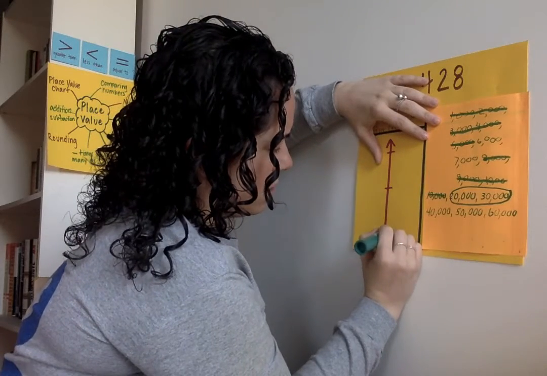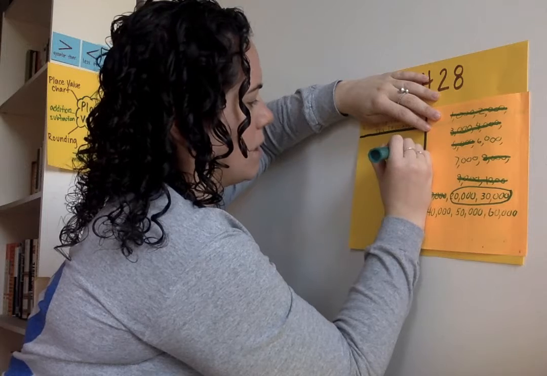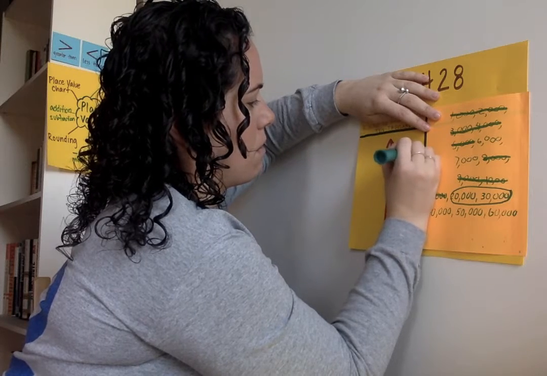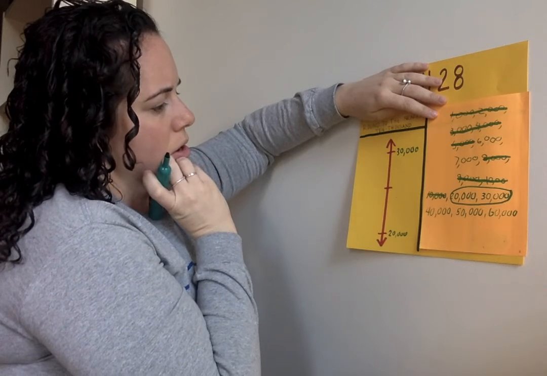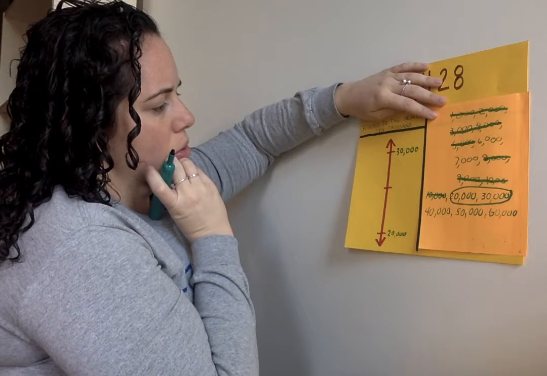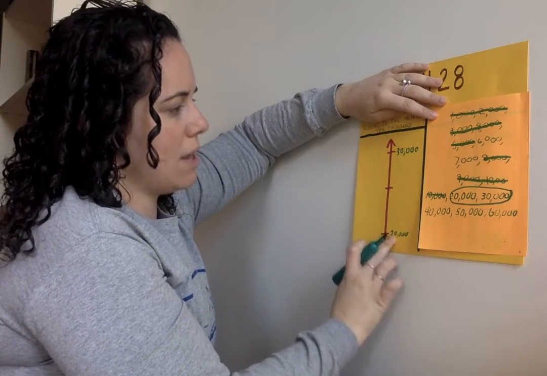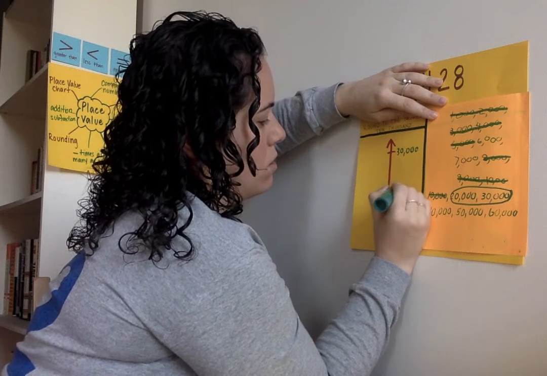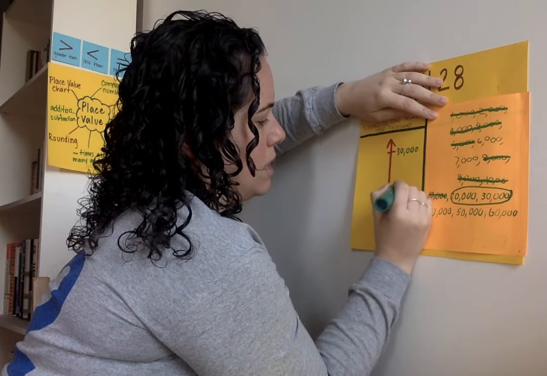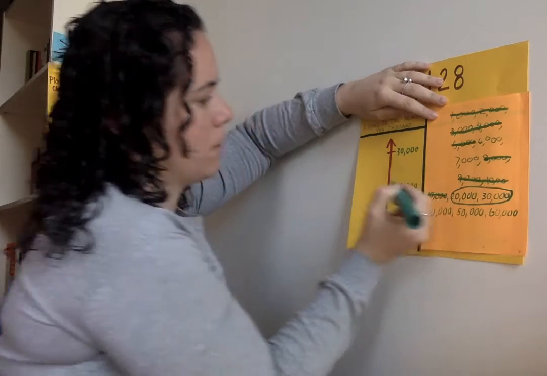Here's 20,000. Here's 30,000. And halfway between 20,000 and 30,000 is 25,000. Okay.